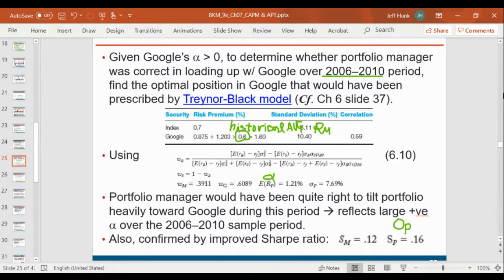Okay. But we already did the Treynor-Black model in the previous chapter. So this time, using the weighting scheme that we also learned in the earlier part of chapter 6, which is equation 6.10, let's find the weight of the passive portfolio and Google.